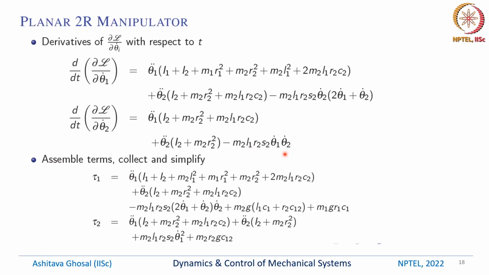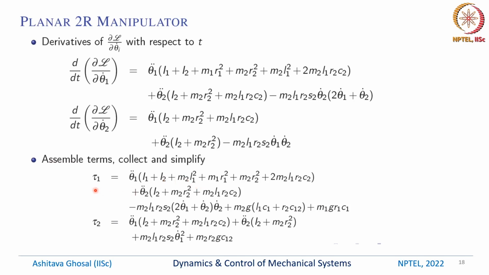Then we collect these terms, and the partial of Lagrangian with respect to theta 1, partial of Lagrangian with respect to theta 2, collect all of these terms according to the recipe given in the Lagrangian formulation and simplify.